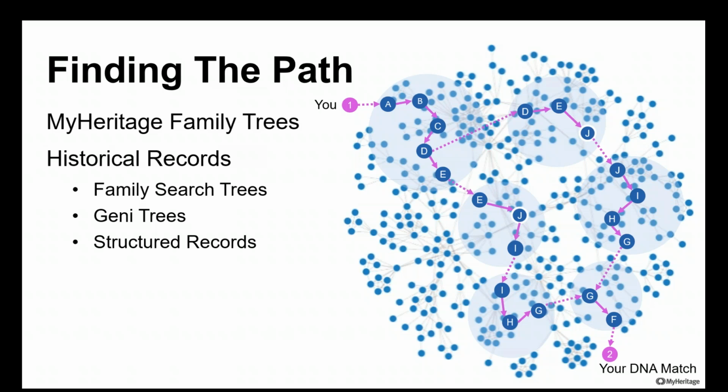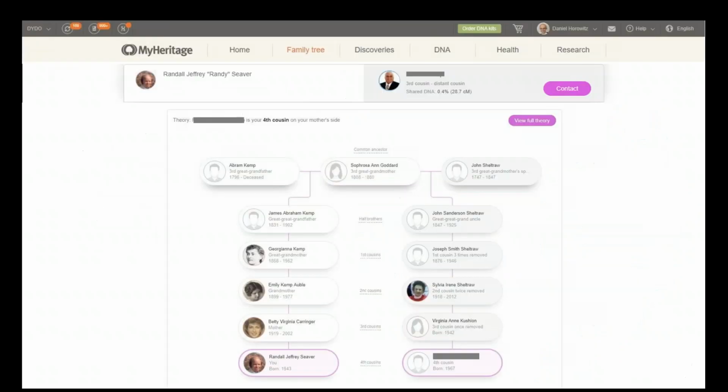Now, very important as well, remember, those are theories, so it's up to you to check them, and they may or may not be accurate, and it will depend on how accurate the information on those family trees is.